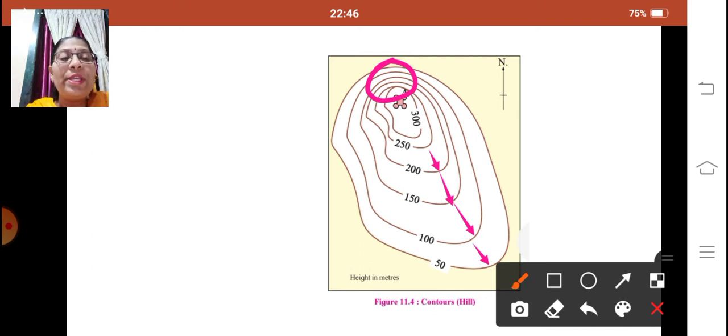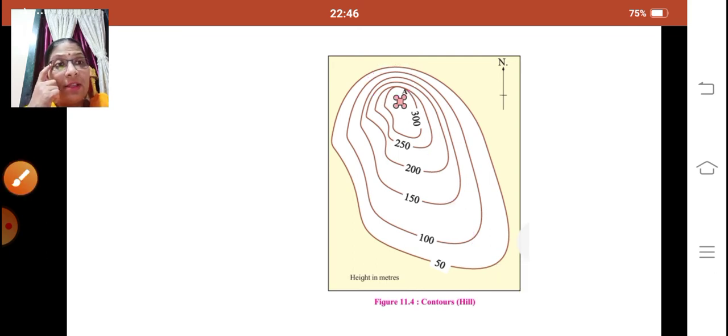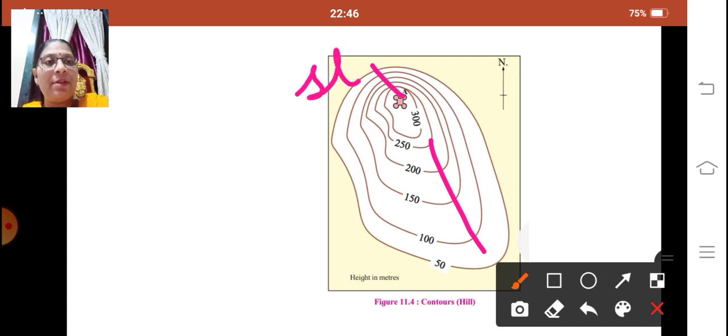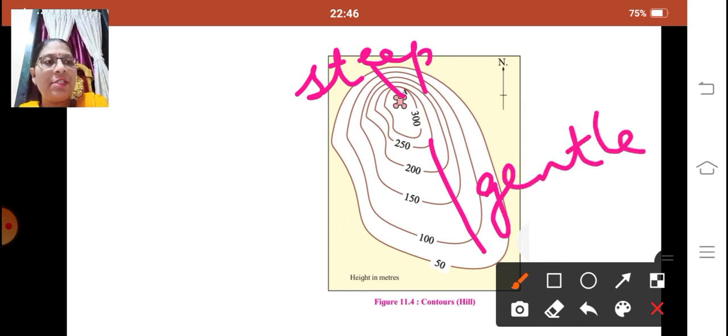slope is gentle. So this is a contour of a hill. On this side you will have a gentle slope, and on this side you will have a steep slope. Over here you will have a gentle slope.